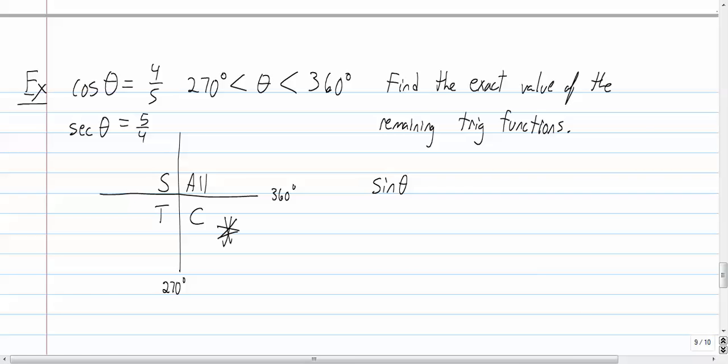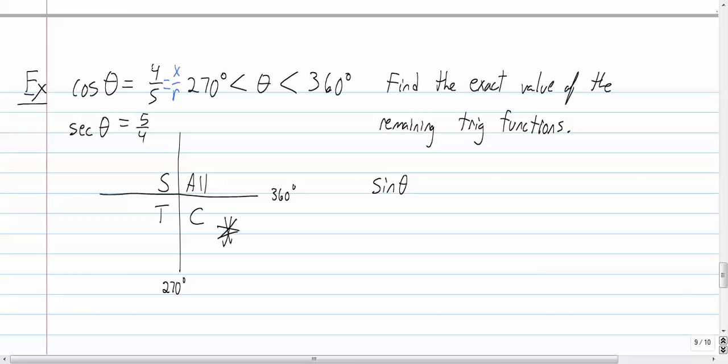To use x, y, and r, you have to see what values you're given and figure out any that you're not given. We were given cosine of theta equals 4/5. Now, what is cosine in terms of x, y, and r? X over r. So we're going to use that fact to help us find the other trig functions.